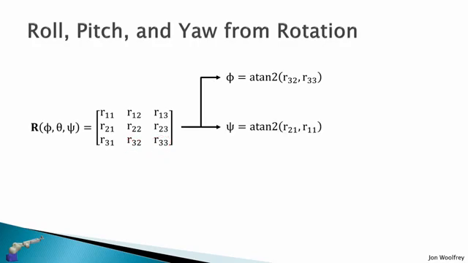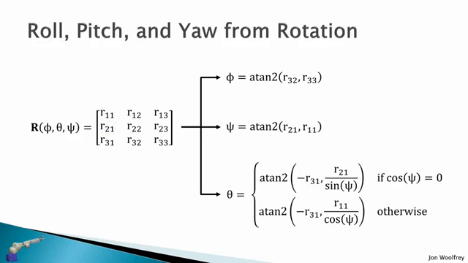We can extract psi, the rotation about z, given by atan2 of r21 and r11. And then we can extract the rotation about the y-axis, theta, with these conditional equations here. So either we have R31, R21, or R11. So given a rotation matrix, we can always go back to the roll, pitch, and yaw angles.